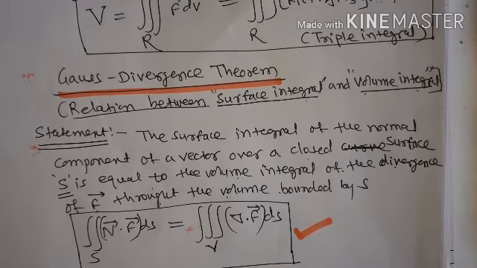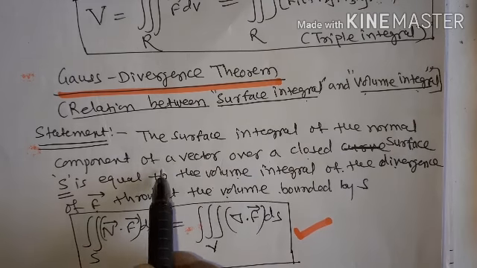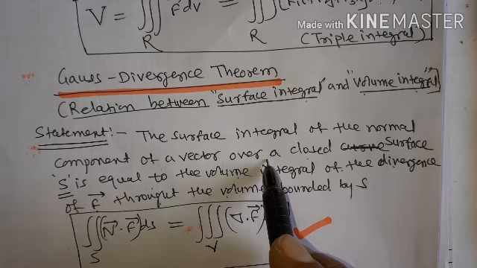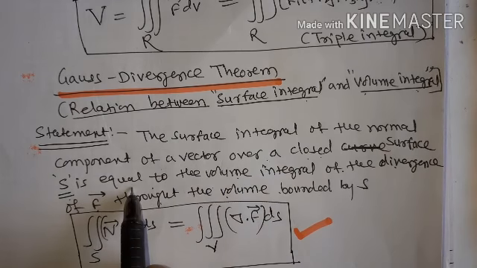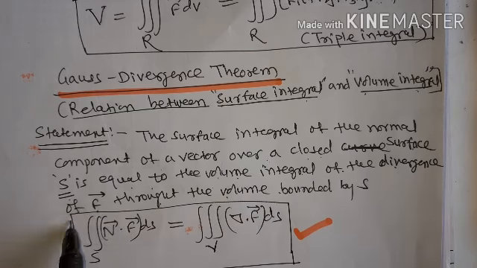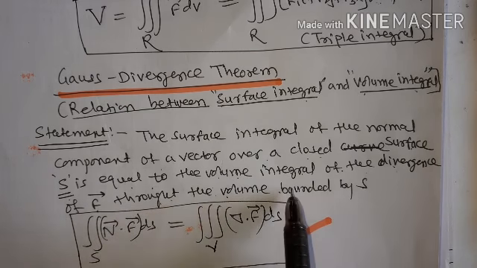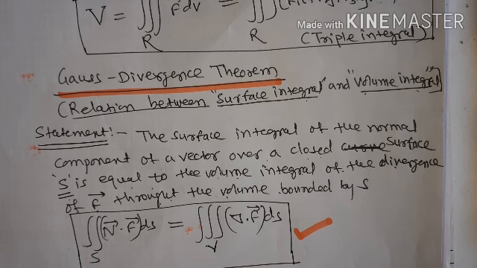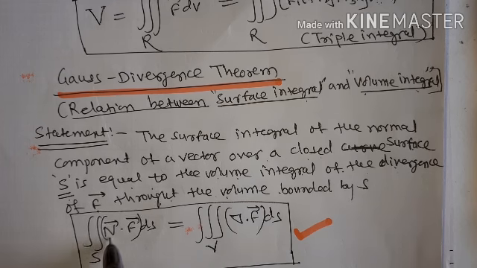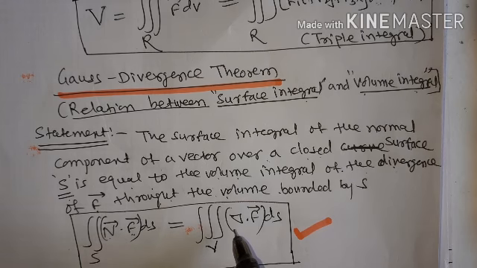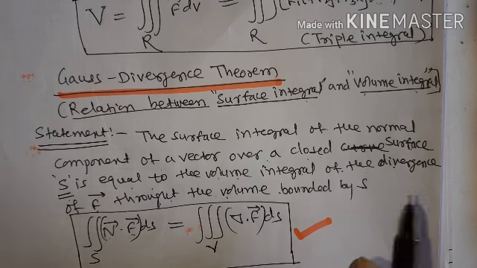The surface integral of the normal component of a vector over a closed surface S is equal to the volume integral of the divergence of F bar throughout the volume bounded by surface S. That is, the integral of n bar dot F bar dS is equal to the volume integral of del dot F bar dV, where dV is dx dy dz.